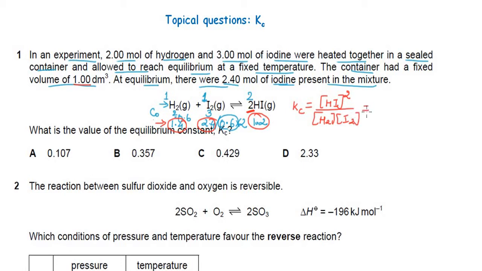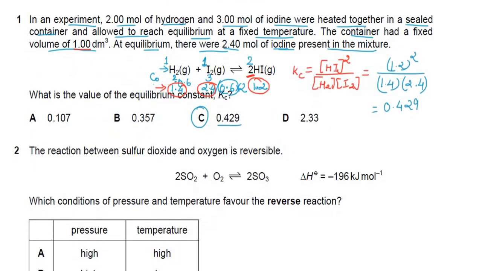Now substituting all the values, we get 1.2 squared divided by 1.4 into 2.4, which gives us the answer of 0.429. So our answer is C, which is 0.429.